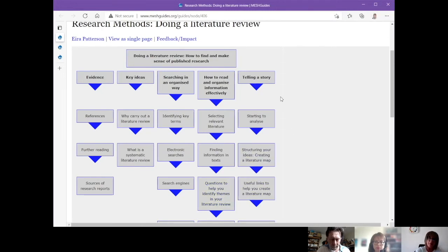Now, this is just an idea that I came up with when I was writing an article some time ago: when you've got all your literature and all your ideas, you need to tell a story. It's not a fictional story, it's a factual story. Think of looking for literature, looking for themes that you're then going to tell to your colleagues.